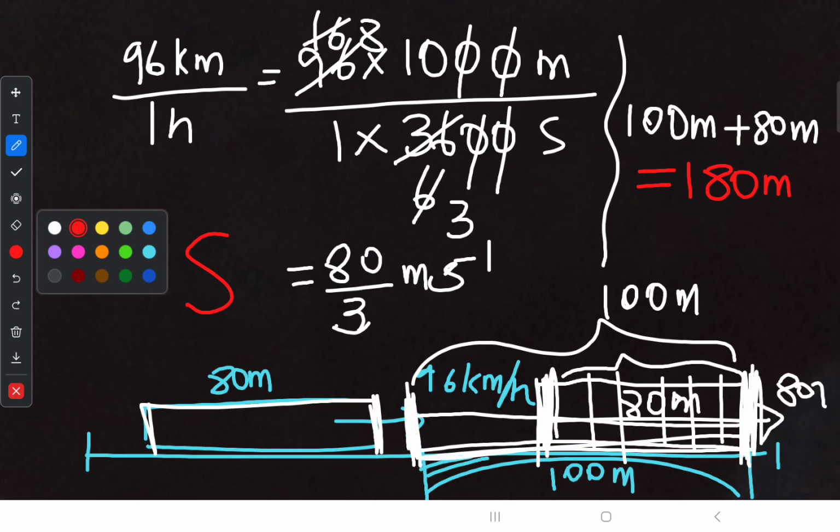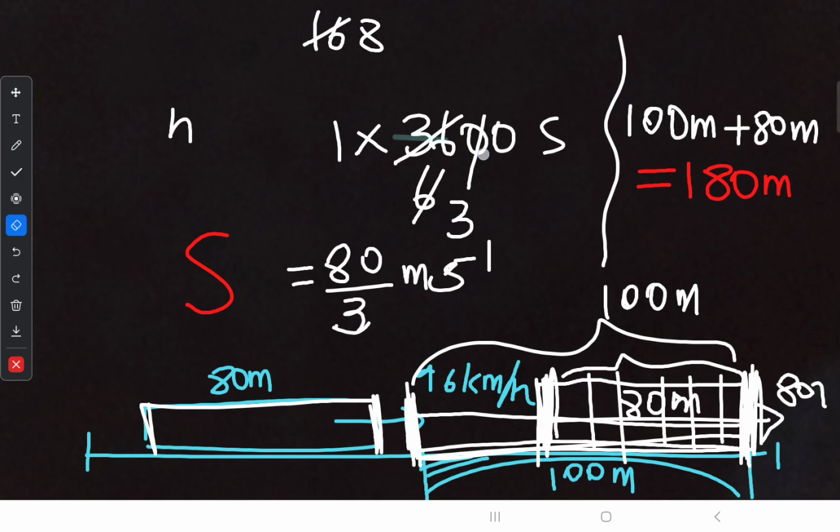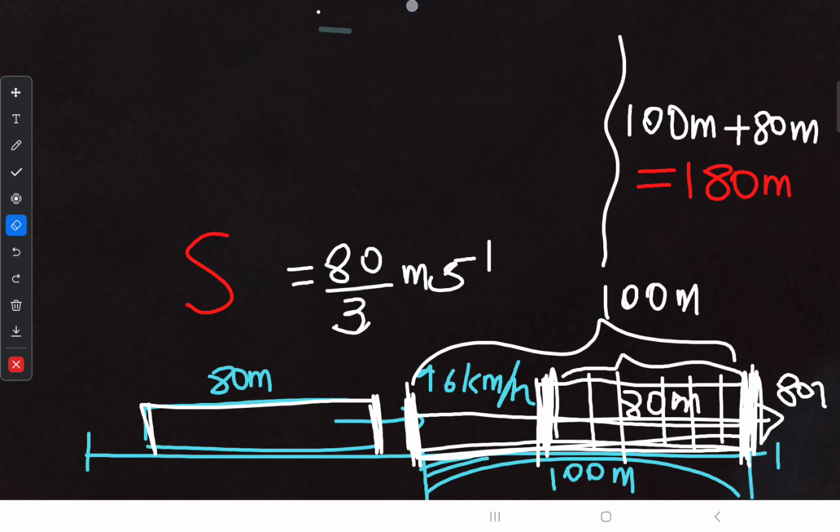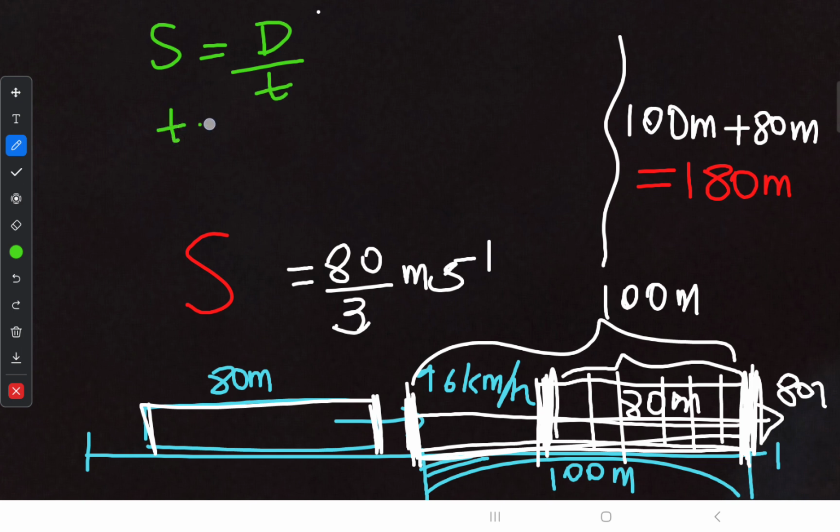We can use these two to find the time. I'll write here. We know speed equals distance upon time. We have to find the time now. Time equals distance upon speed.